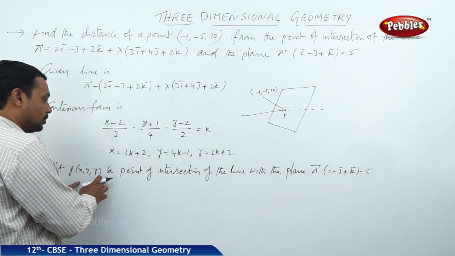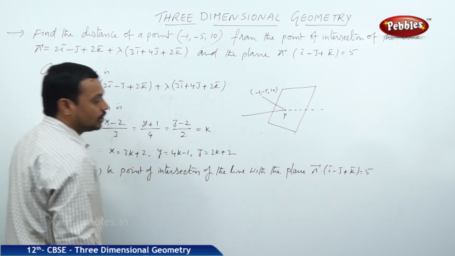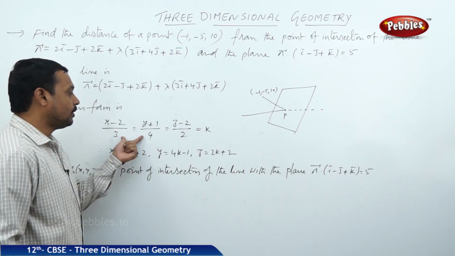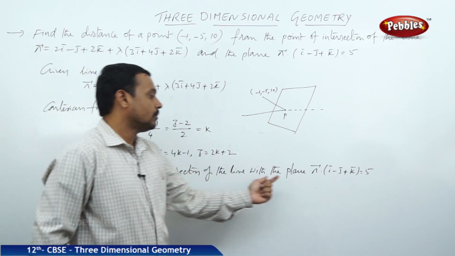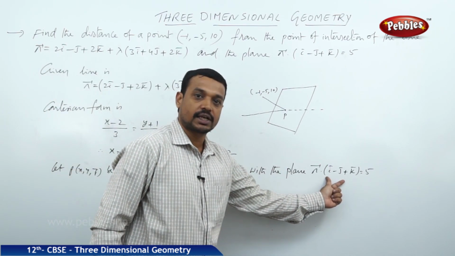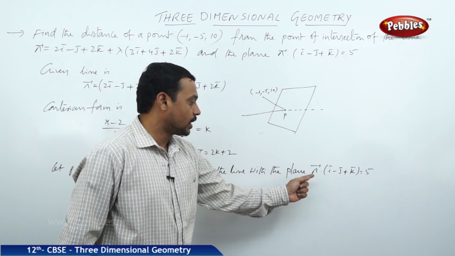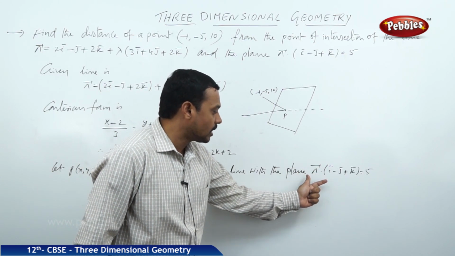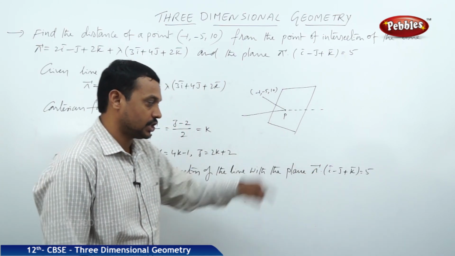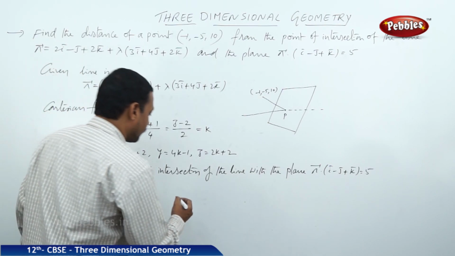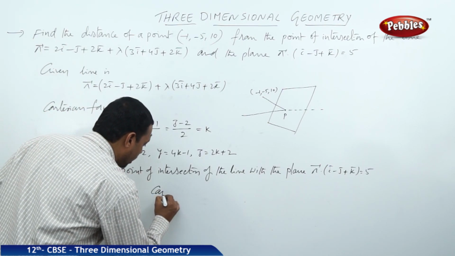Here the line equation is in Cartesian form and the plane equation is in vector form, so we try to make the vector equation of the plane into Cartesian form.